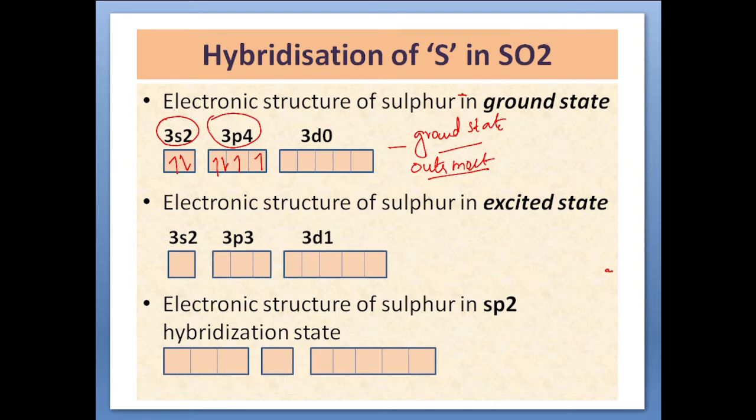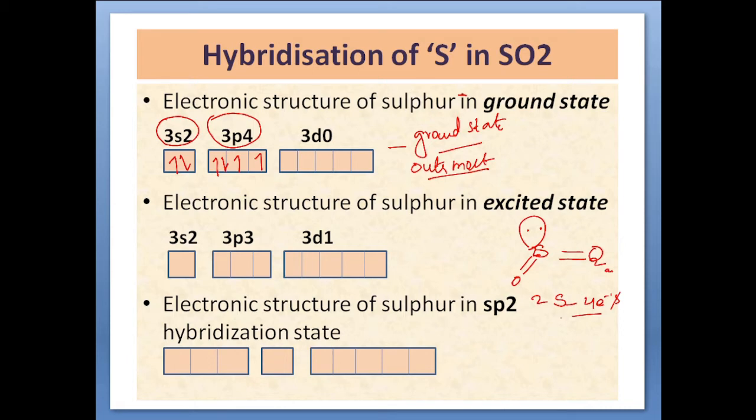In the SO2 molecule, this is a structural SO2 molecule. Sulfur needs 4 unpaired electrons for the formation of 4 bonds. See, for the formation of 4 bonds, here are 2 bonds and here also 2 bonds, total 4 bonds.